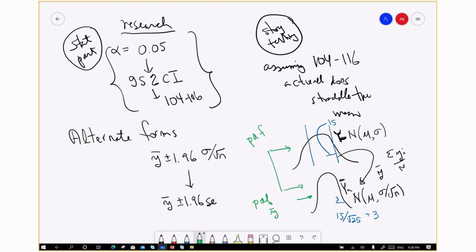As a consequence, this probability density function gets a special name, which is sampling distribution. And its standard deviation gets a special name, which is standard error. So that's why we sometimes see it represented like that.